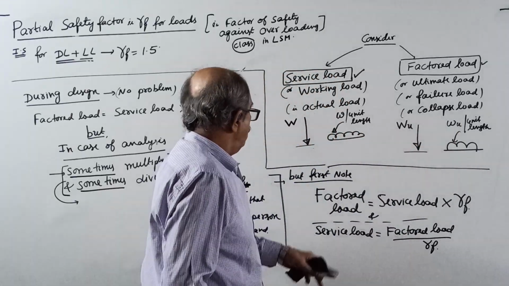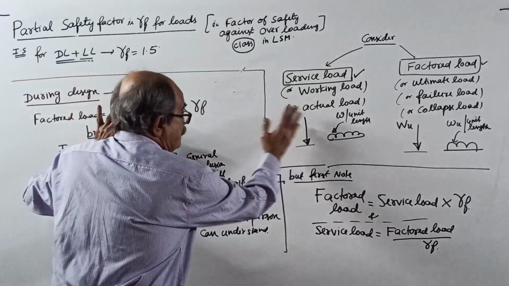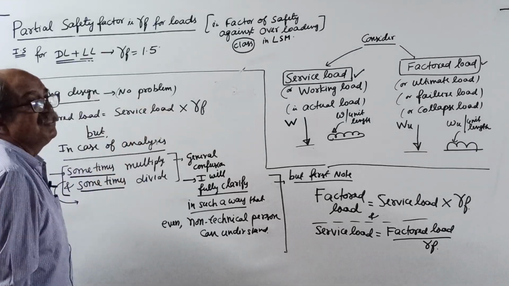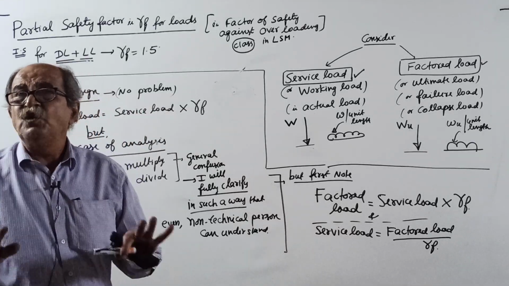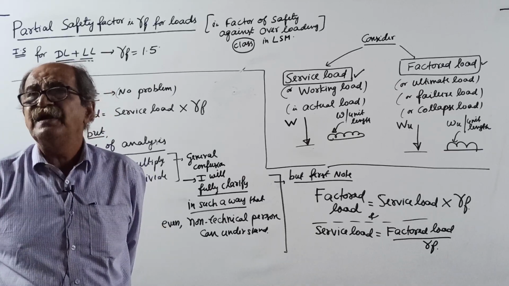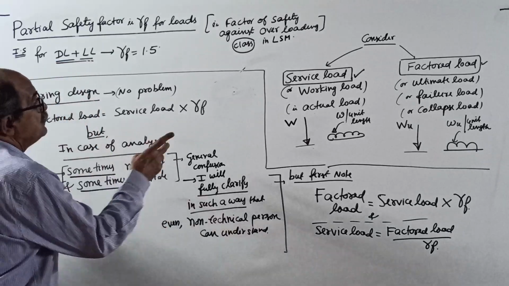Now, come this side. See, during design, there is no problem. People understand very easily. Service load is known. When you design, the structure will fail at a higher load. So, one more thing now.